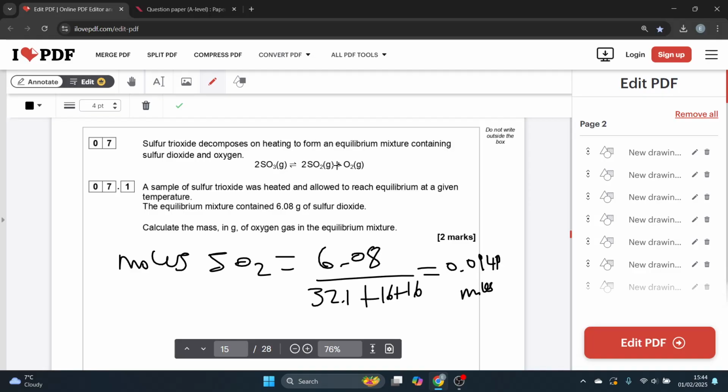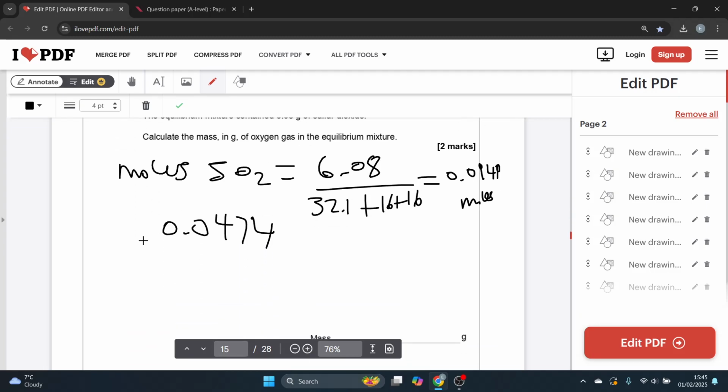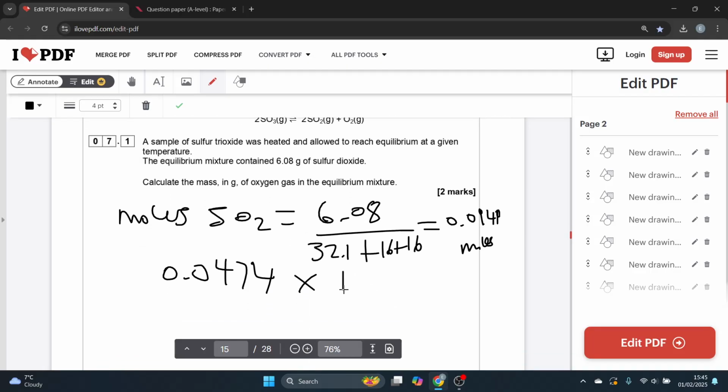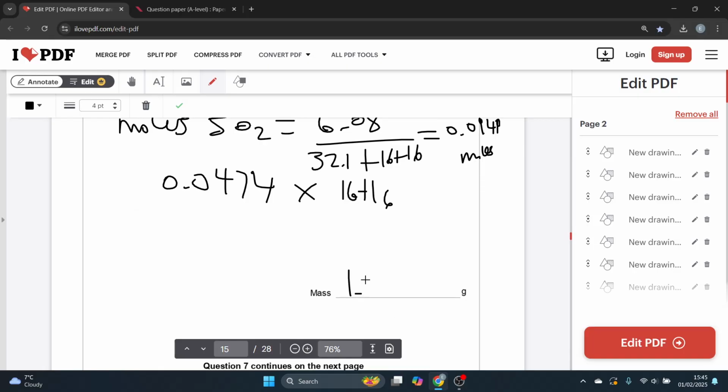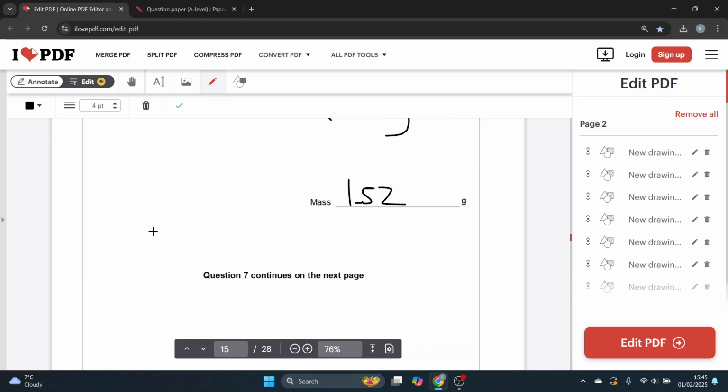Therefore the equilibrium moles of oxygen is going to be 0.0949 divided by 2, because it's a 2 to 1 mole ratio, 0.0474. And I want the mass of oxygen gas. Mass is the moles times the Mr of oxygen gas, which is 16 plus 16, which is 32, and I should get 1.52. Bit of a weird question.